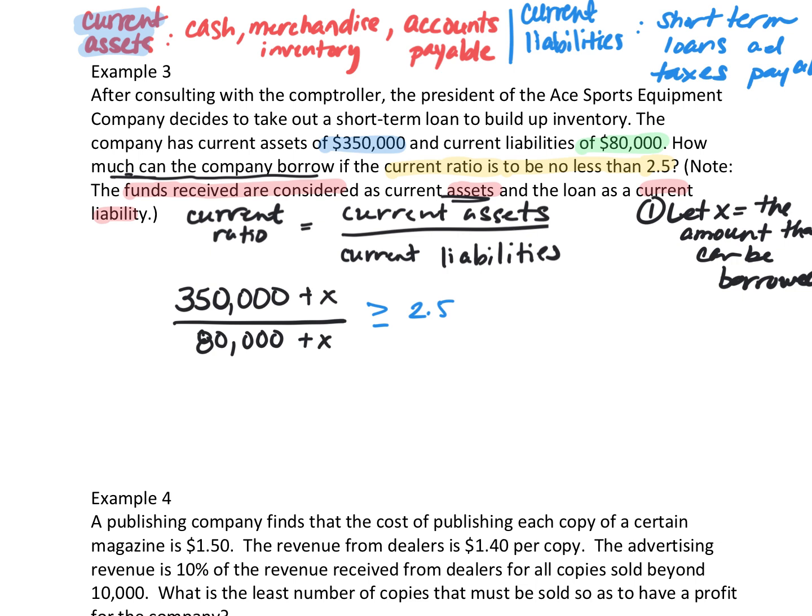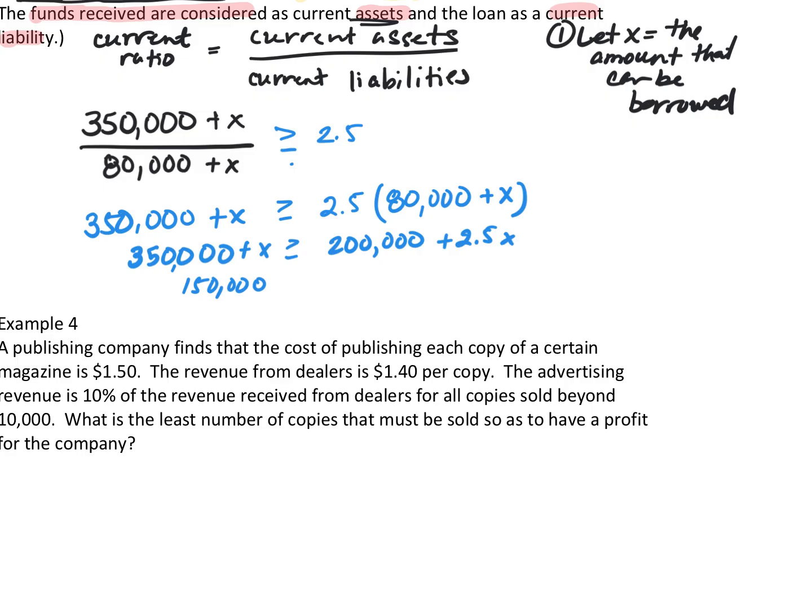So we're going to cross multiply, since we have fractions. 350,000 plus x is greater than or equal to 2.5 times the liabilities. After solving and getting down to x, I like to write it where x is less than or equal to $100,000.